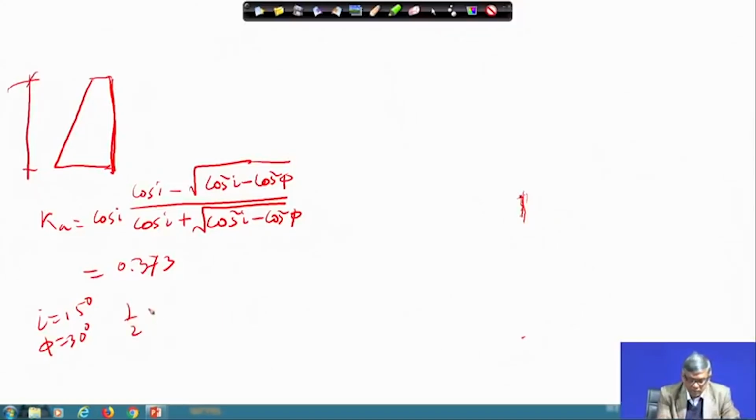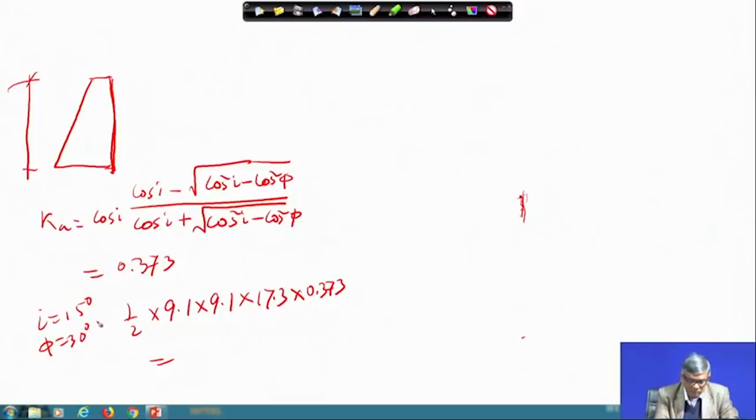So, half multiplied by 9.1 multiplied by 9.1, half gamma H square, and gamma was 17.3. This is the volume, multiplied by K A, 0.373.